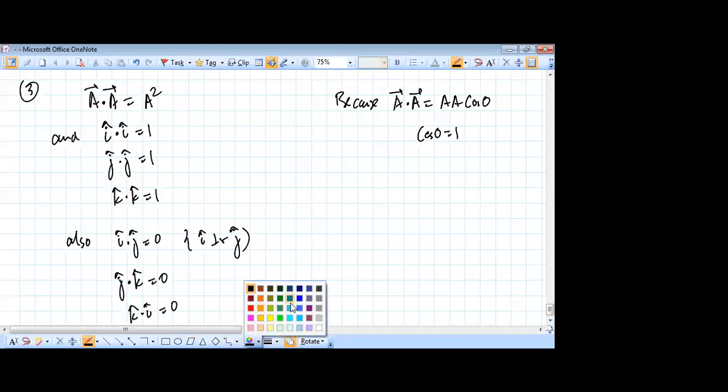Okay, so make sure you remember these formulae, and we will use them ahead when we look at dot products in component form.